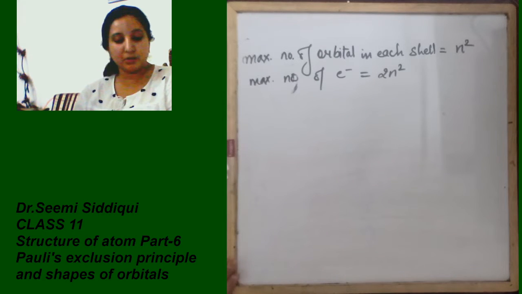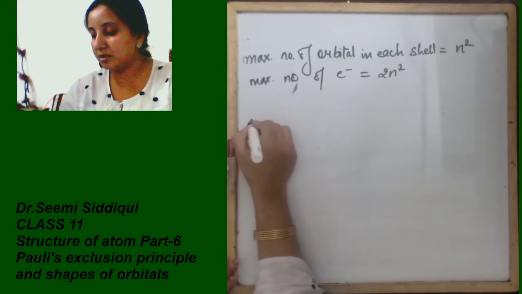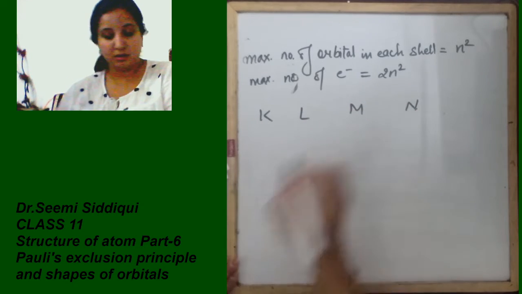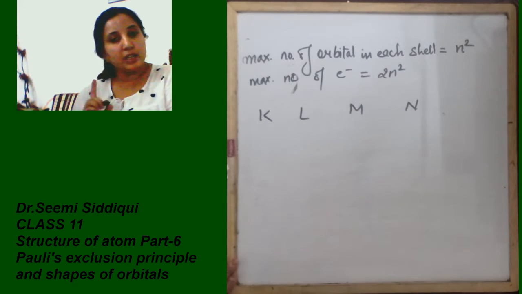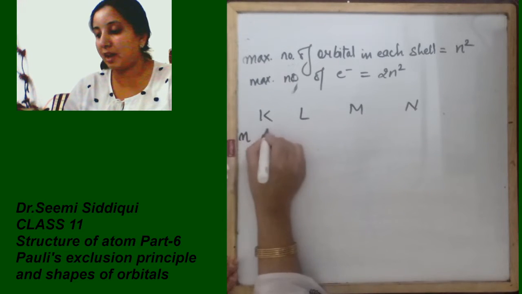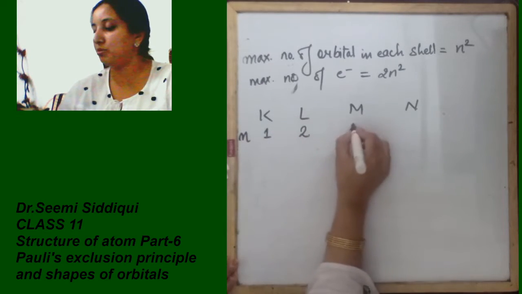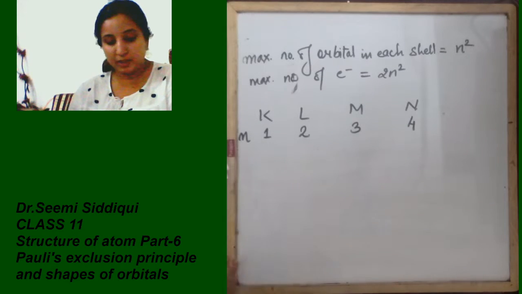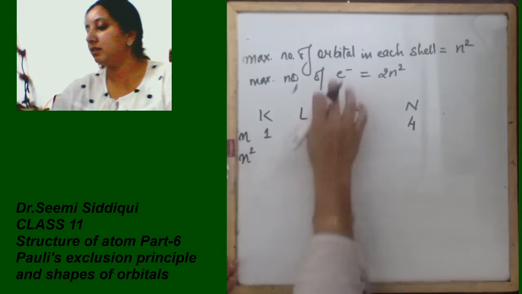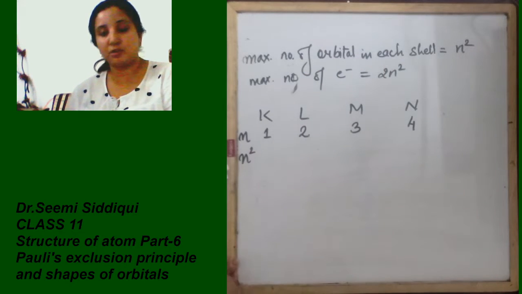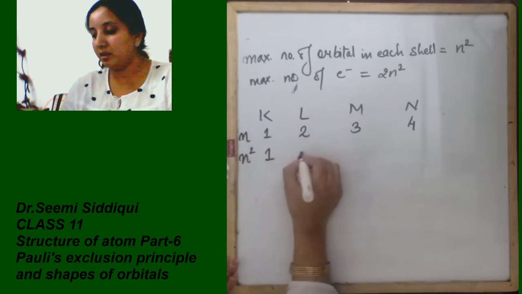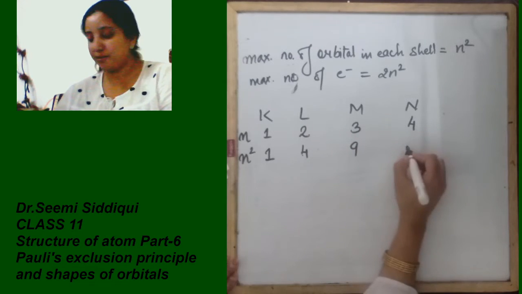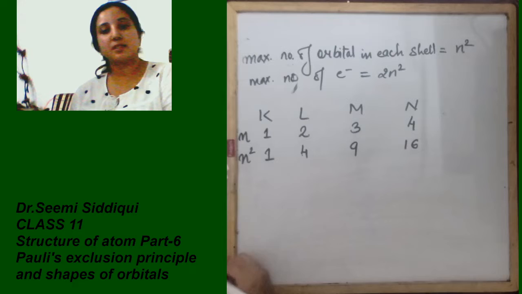We can also say it like this. Suppose I say K, L, M, N. Now taking the shell number, that is the value of n, I am taking 1, 2, 3 and 4. Now for this I take the maximum number of orbitals, n square. 1 one is 1, 2 twos are 4, 3 threes are 9 and 4 fours are 16.